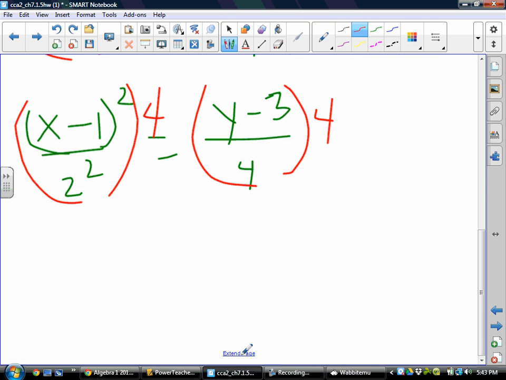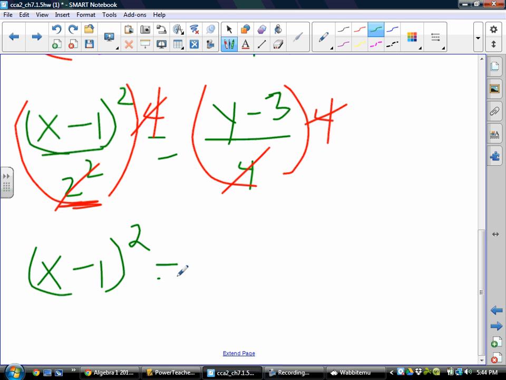Now, what is 2 squared? Look at this denominator right here. 2 squared is worth 4. So if I'm multiplying by 4 and dividing by 4, those are going to cancel each other out as well. Since they happen to both be the same value divided by each other, they cancel out. So I'm really left with (x minus 1) quantity squared equals y minus 3.